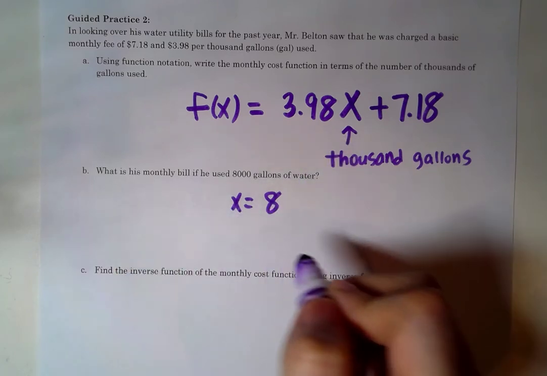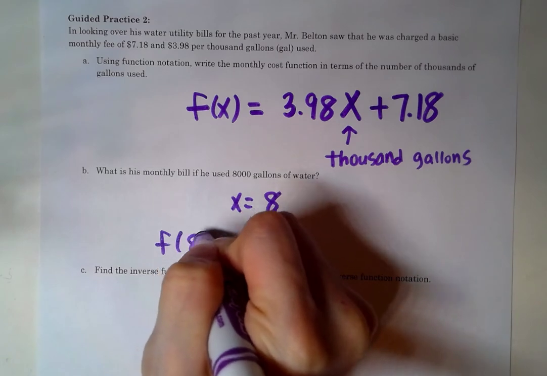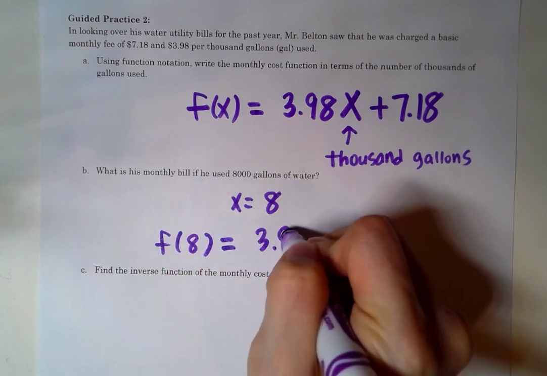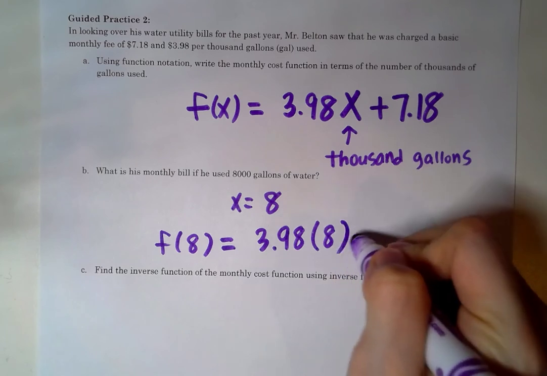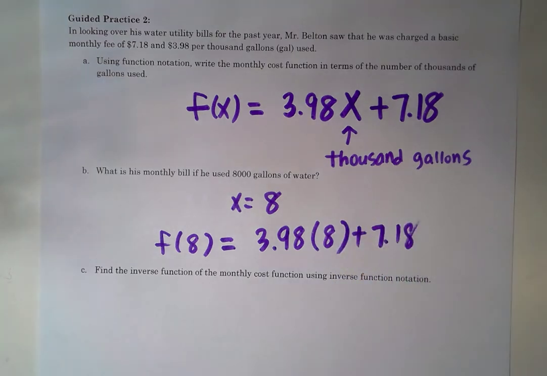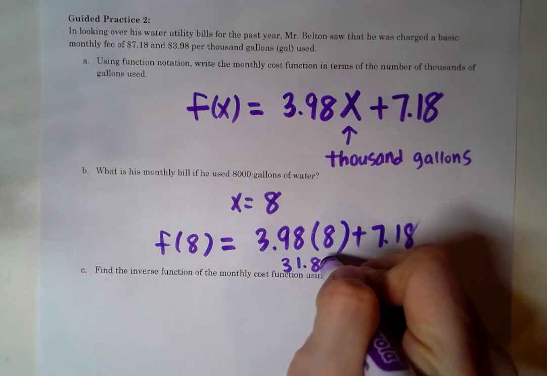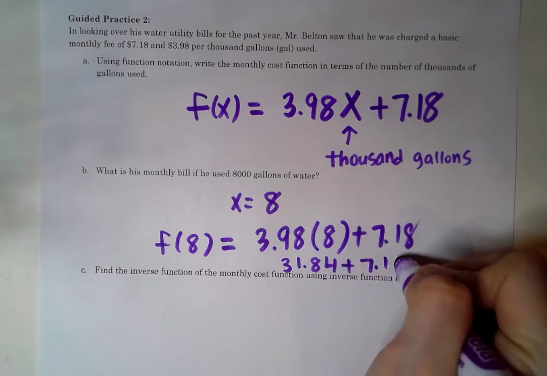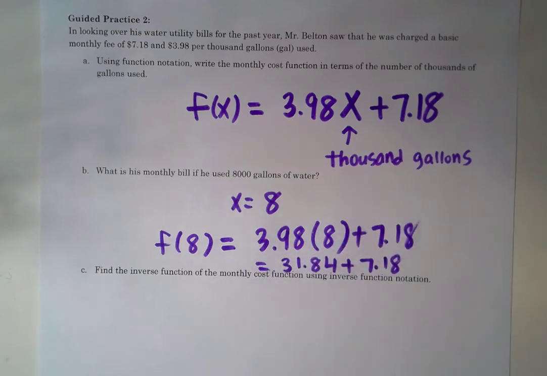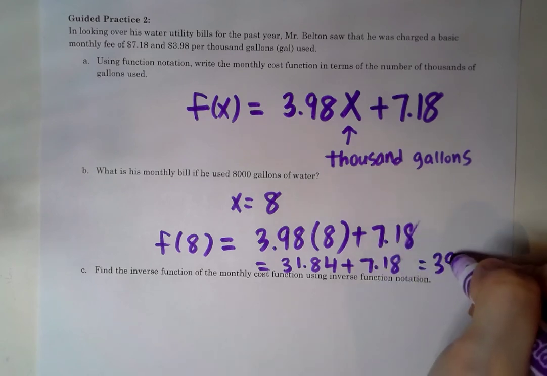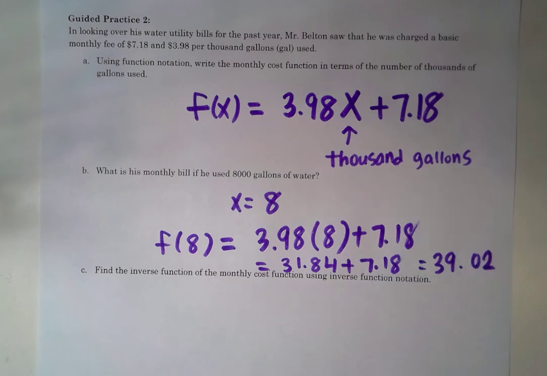So my f of 8 equals 3.98 times 8 plus 7.18. So let's see that. 3.98 times 8, then you get 31.84, and plus 7.18, then you get $39.02.